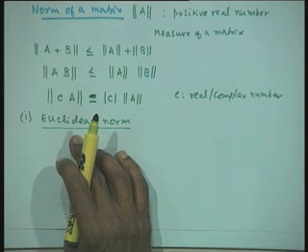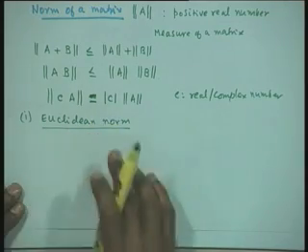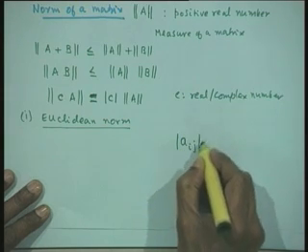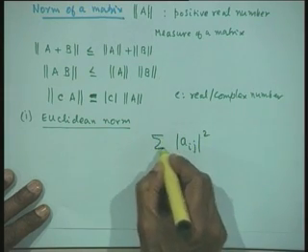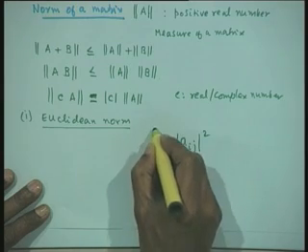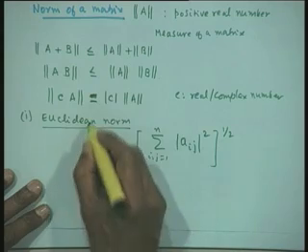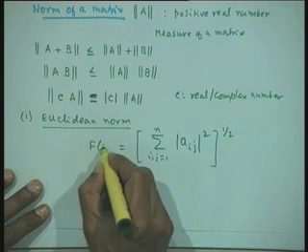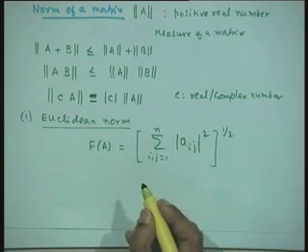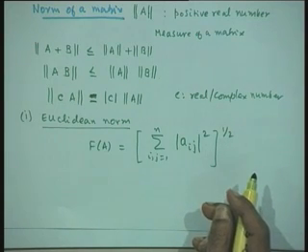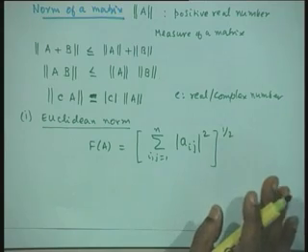If you take the distance between two points, it is nothing but the length, the measure, the Euclidean norm. So, that is actually a representation of this in matrices. So, this is nothing but I take the magnitude of a_ij, square them, sum over i and j from 1 to n, all of them, then I take the square root of this, and this is called the Euclidean norm. It is usually represented by F of A. So, it is a very simple thing: we just take the magnitudes of all the elements of the matrix, square them, sum them up, and then take the square root of that.